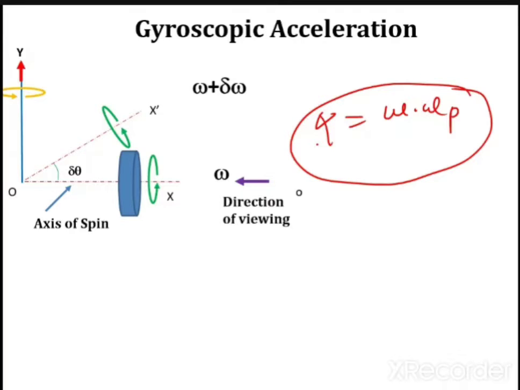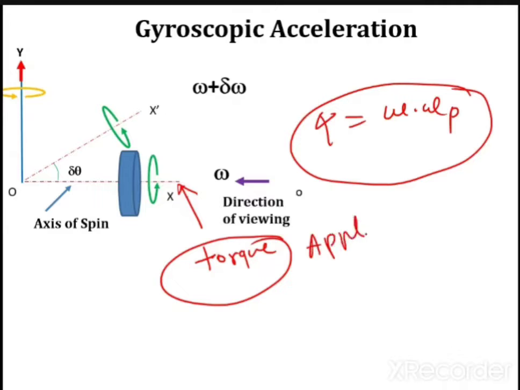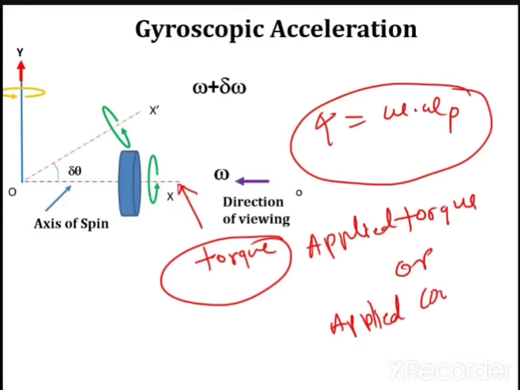No. Torque. Now let us, you have to apply the torque. So let us say that I am applying a torque at this axis. Because you are applying a torque, it is called an applied torque, or an applied couple. Okay.